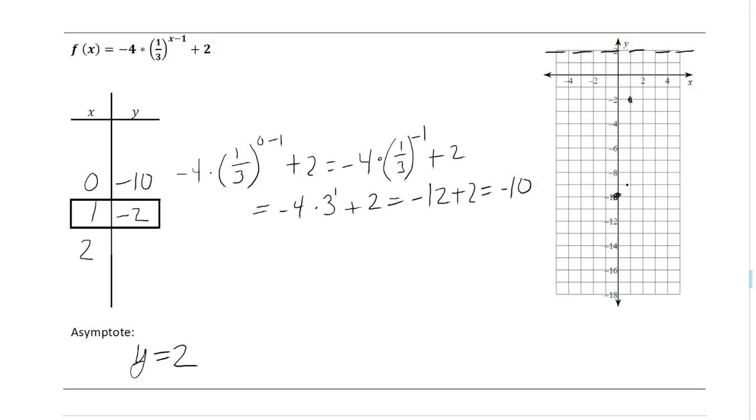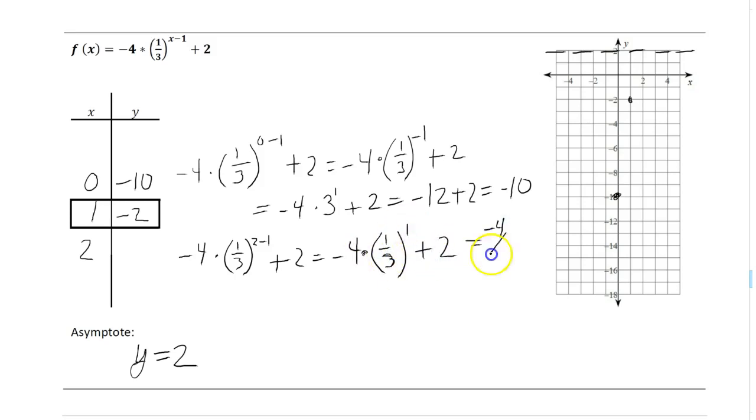Now try x equals 2, which is negative 4 times 1/3 to the 2 minus 1, plus 2. This gives us negative 4 times 1/3 to the first power plus 2, or negative 4/3 plus 2, which can be written as negative 4/3 plus 6/3, which equals 2/3, or approximately 0.67.